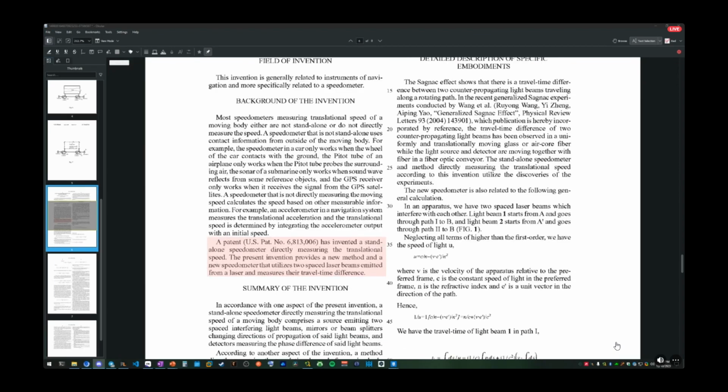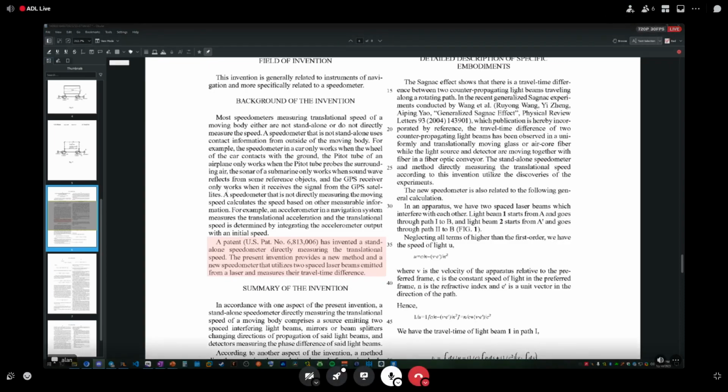All right. For a speedometer, the Pitot tube works in the airplane, measuring the air surrounding the airplane. The sonar of a submarine only works when the sound wave reflects from an object in reference, and a GPS receiver only works when it receives a signal from a GPS satellite.